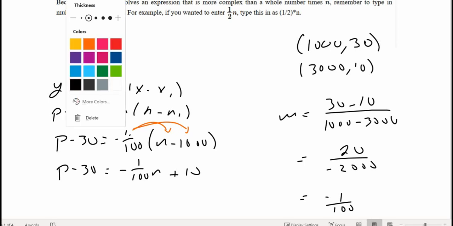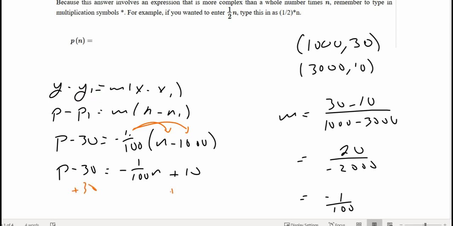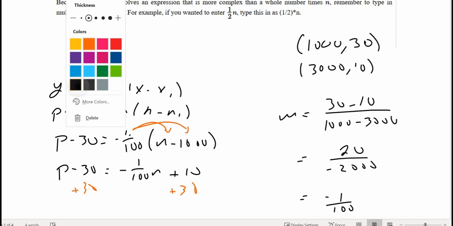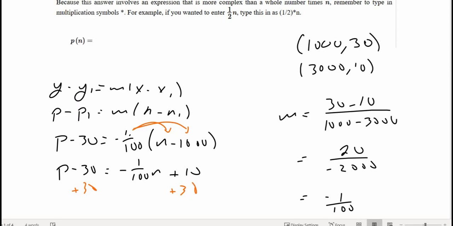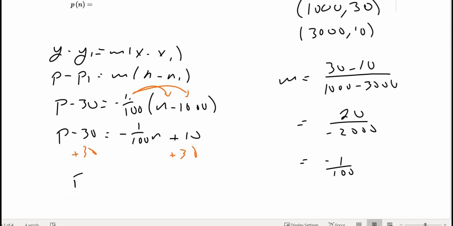Now we add 30 to both sides, and that leaves us with P equals negative 1 over 100 N plus 40. In function notation, we write that as P of N, and that is the equation that represents that situation.